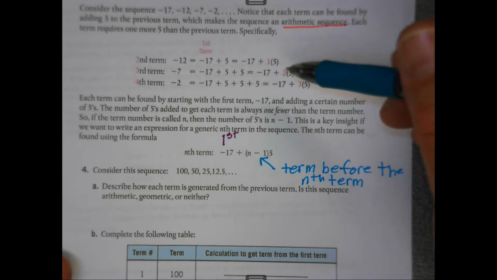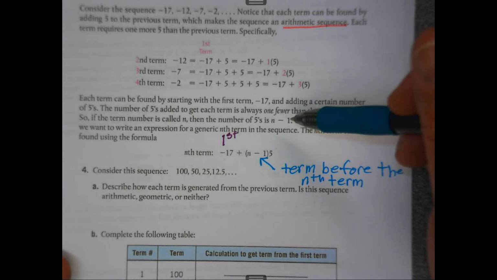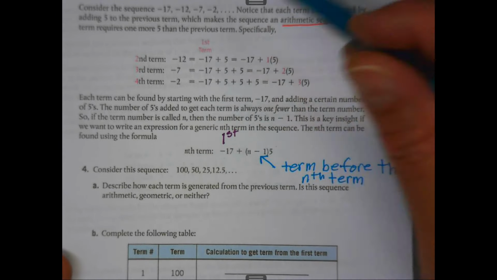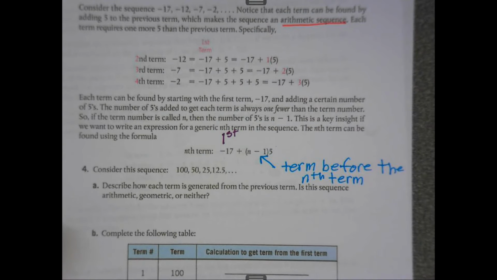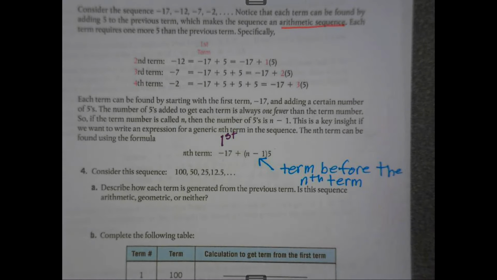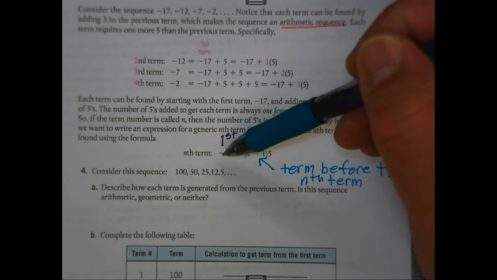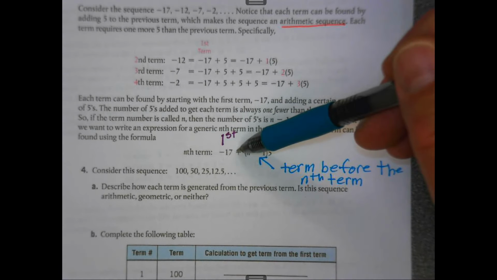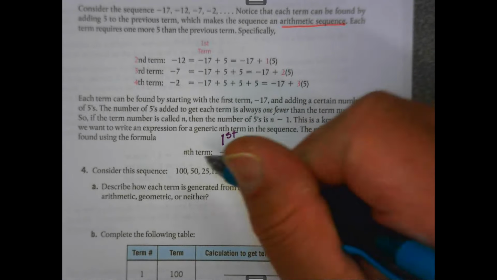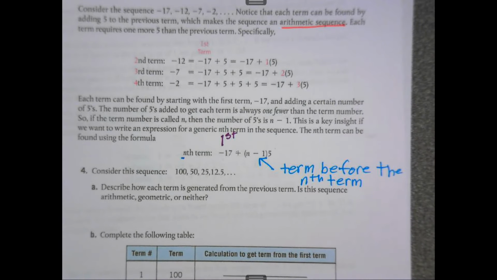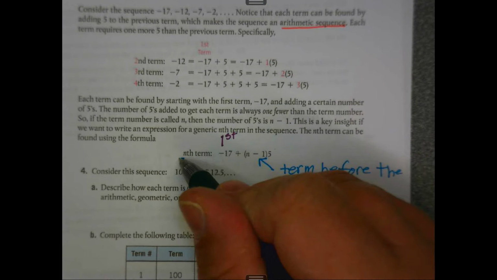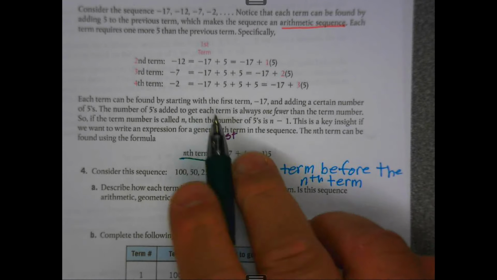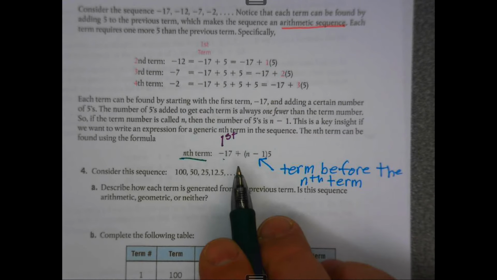Remember, trying to get to the nth term. So our first term was -17. We're going to take the previous term of the nth term, which is n minus 1, and we're going to add to it the number of 5s all the way to the term before. That's why we have a multiplication of 5 here.